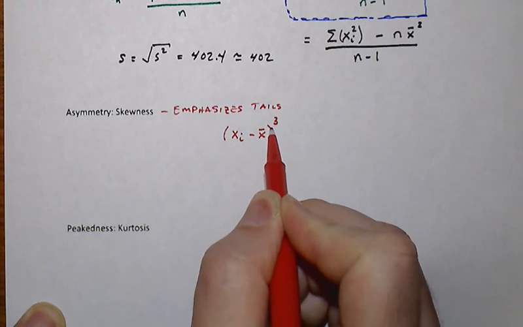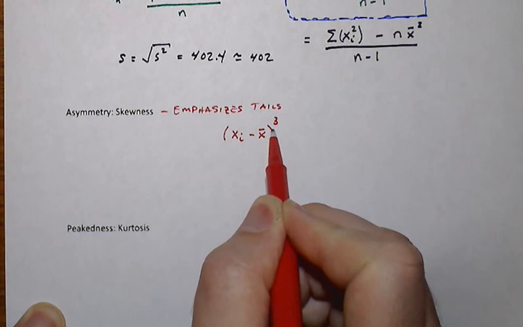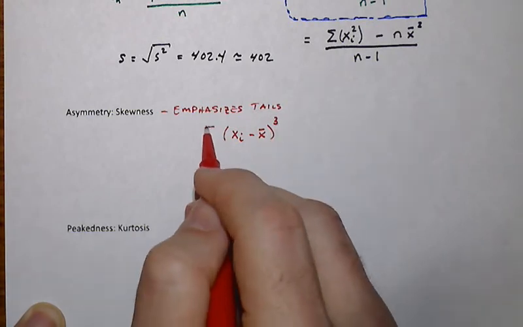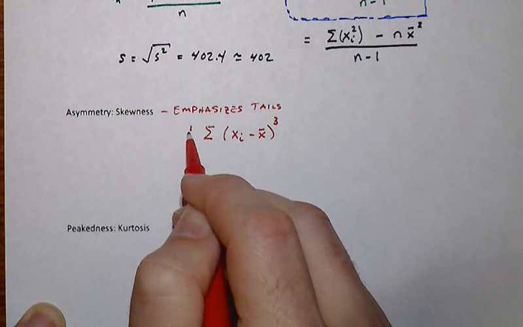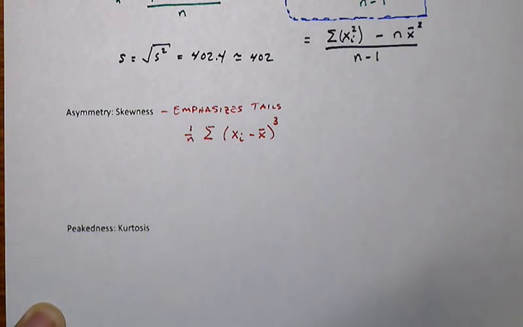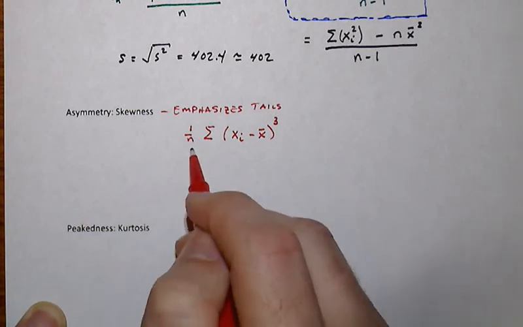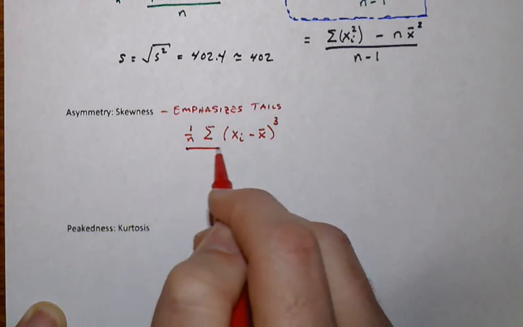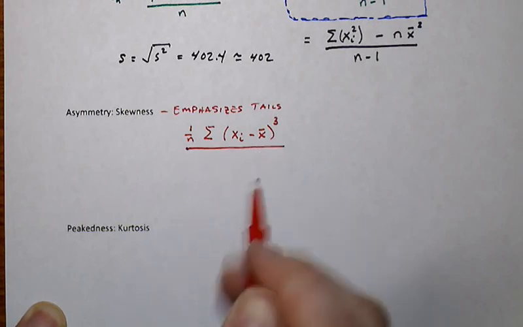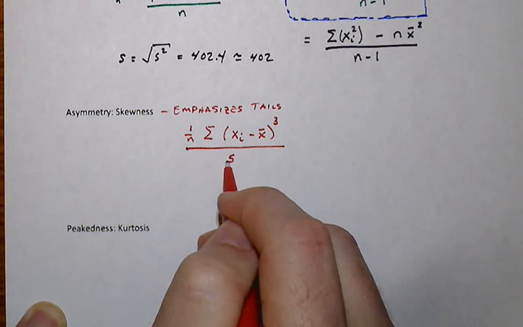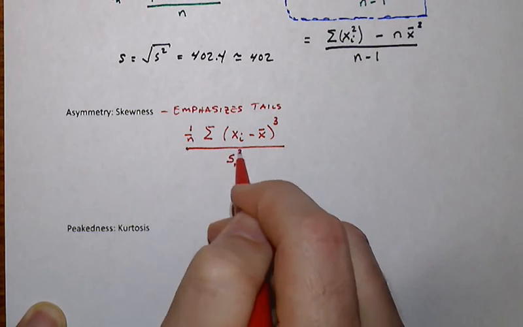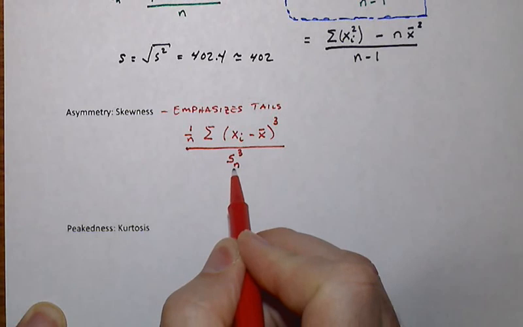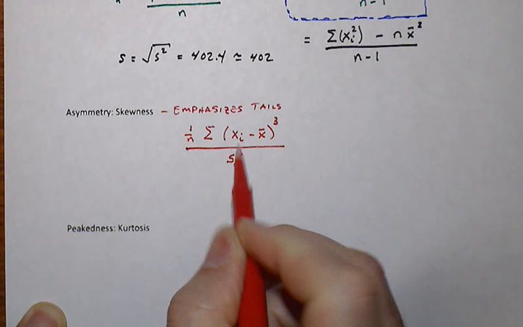We're going to sum all those up, and then find the average of those, and that's what we're going to call skewness. Now, trying to figure out how big is big or how small is small is another tricky part of this. So what we're going to do is normalize that by the sample standard deviation, but this time calculated with n. I know that's kind of goofy, right? Because now you've got to run around.